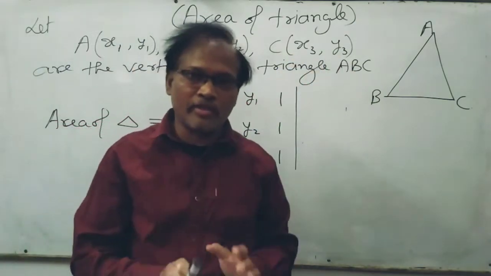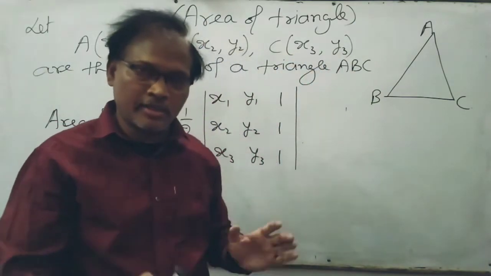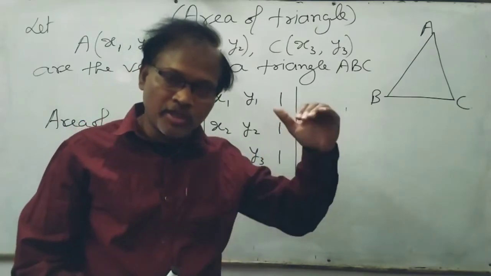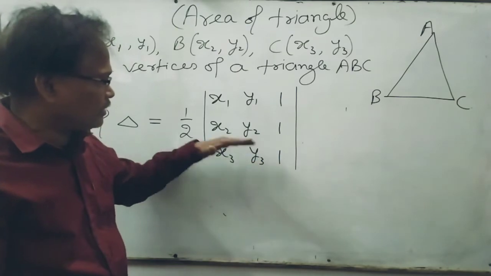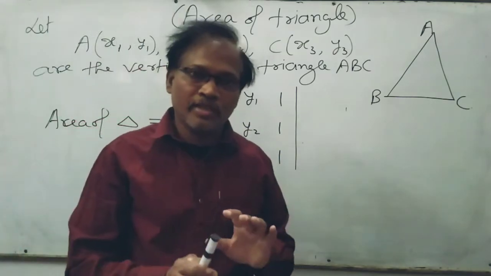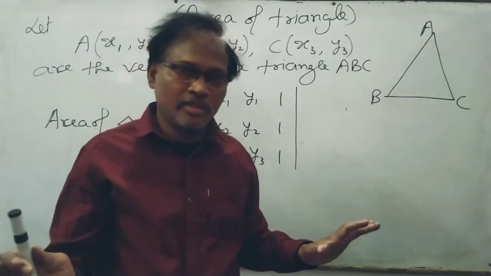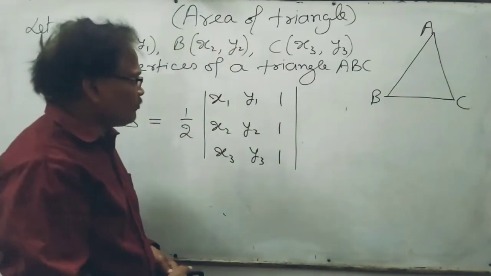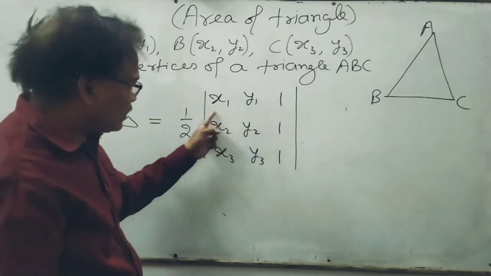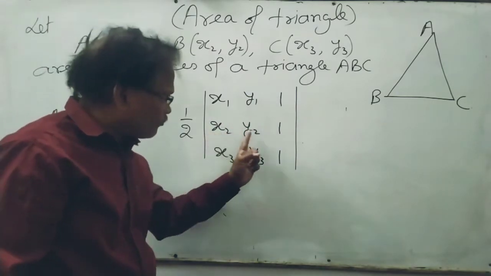For any triangle, the vertices, like we wrote x1, y1 on top, you can write x1, y1 here also, and x3, y3 there also. Means there is no restriction. You can write the coordinates anywhere. But if you are writing the coordinates of A here, then x1, y1.